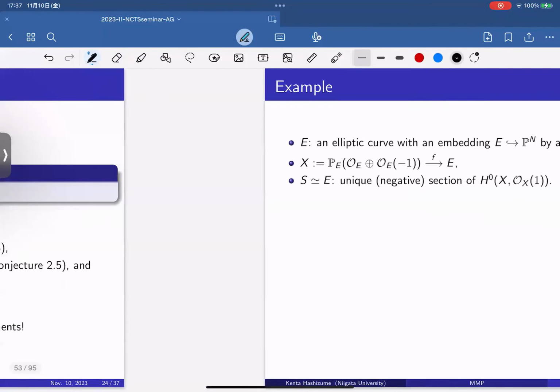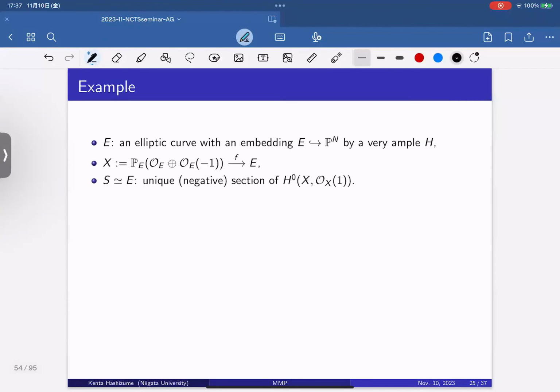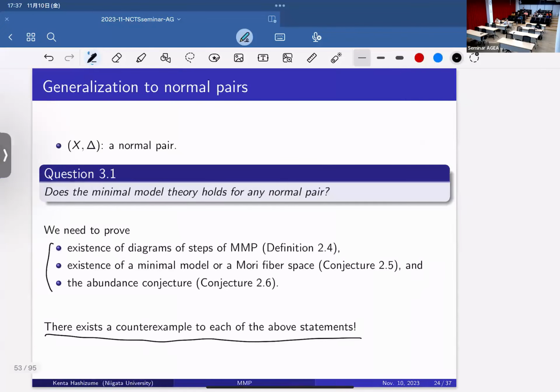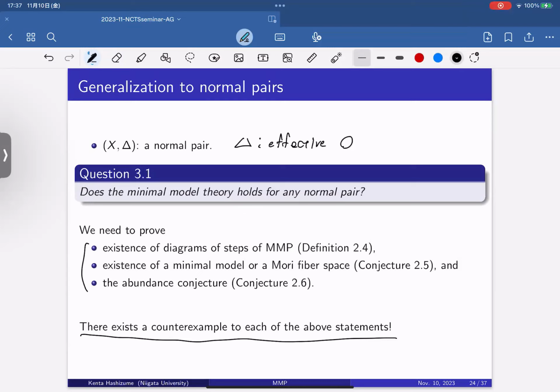To check this, we first construct... Excuse me, when you say normal pair, what's your condition on Δ? Δ is just an effective Q-divisor, there is no more condition.